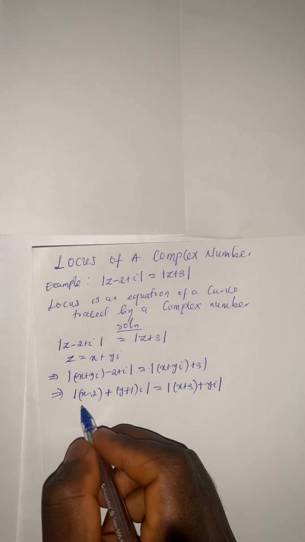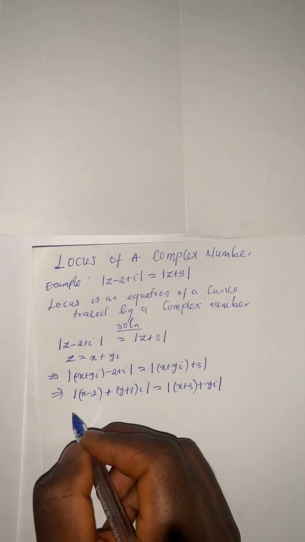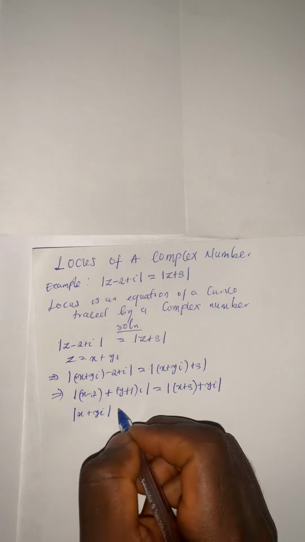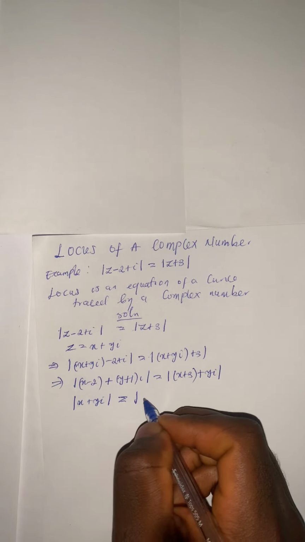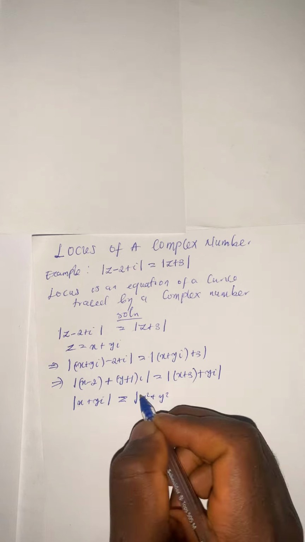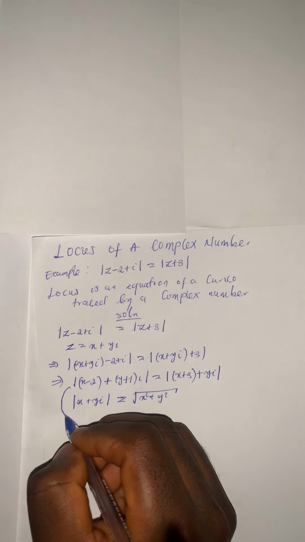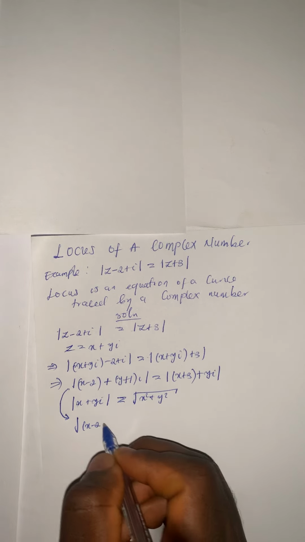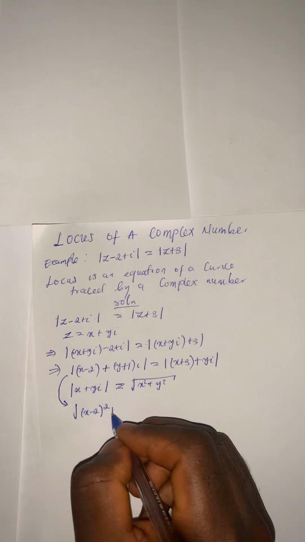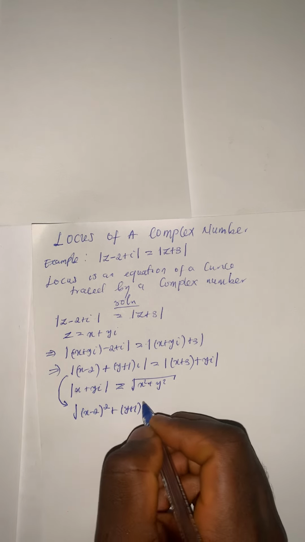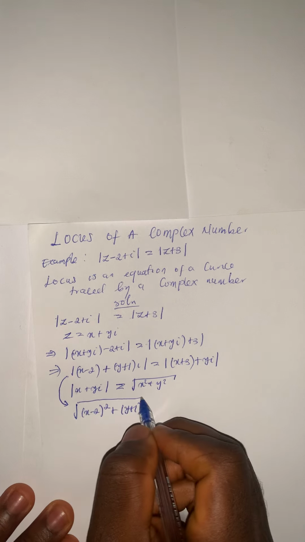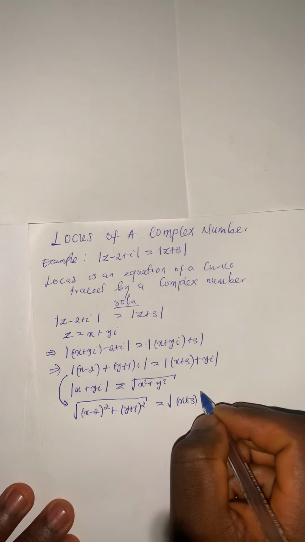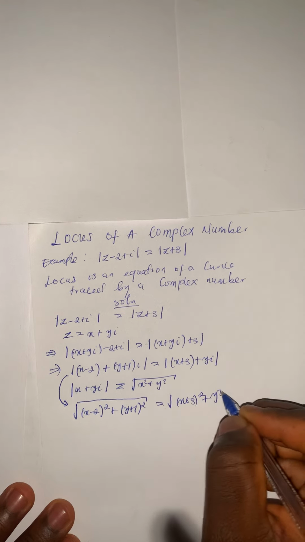And from here, this is in the form absolute value of x plus yi, which is the square root of x squared plus y squared. So this now becomes the square root of (x minus 2) all squared plus (y plus 1) all squared, to be equal to the square root of (x plus 3) all squared plus y squared.